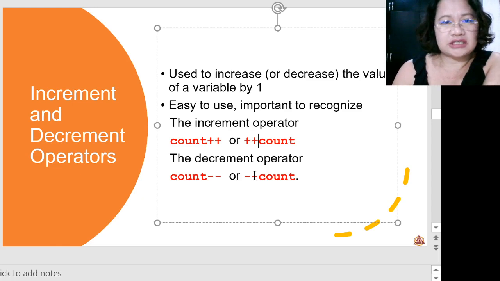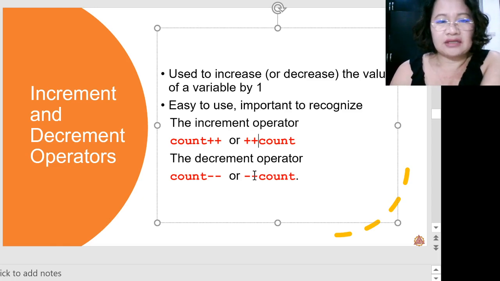Pero kung siya lang isa, then there's no worry because it will only be either adding one or subtracting one. But when you combine it with other operators, that's the time when there is a difference between a pre-increment and a post-increment operators. Okay.